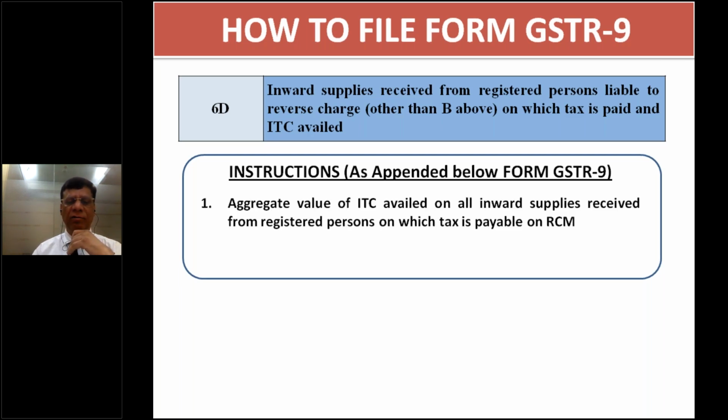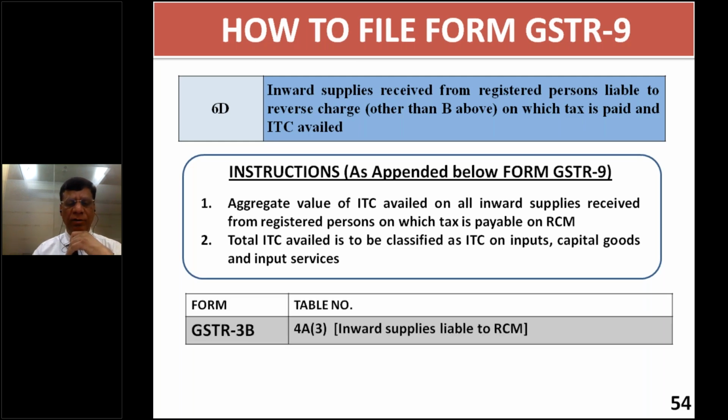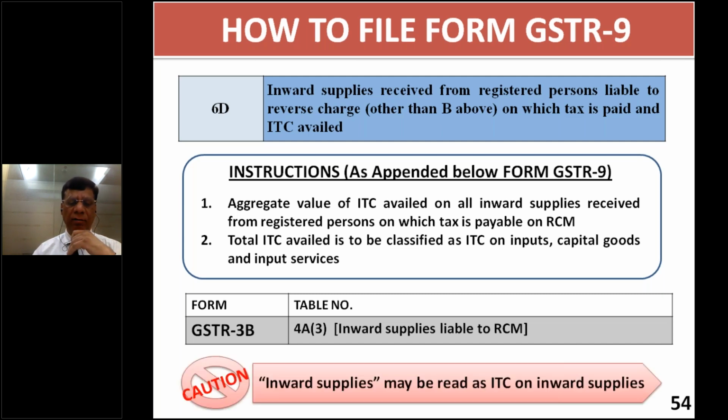Aggregate value of ITC availed on all inward supplies received from registered persons on which tax is payable on RC. The total ITC once again availed is to be classified as ITC on imports, capital goods, and input services. This information once again we have to bring from the same column, that is 4A3. Inward supplies may be read as ITC on inward supplies.